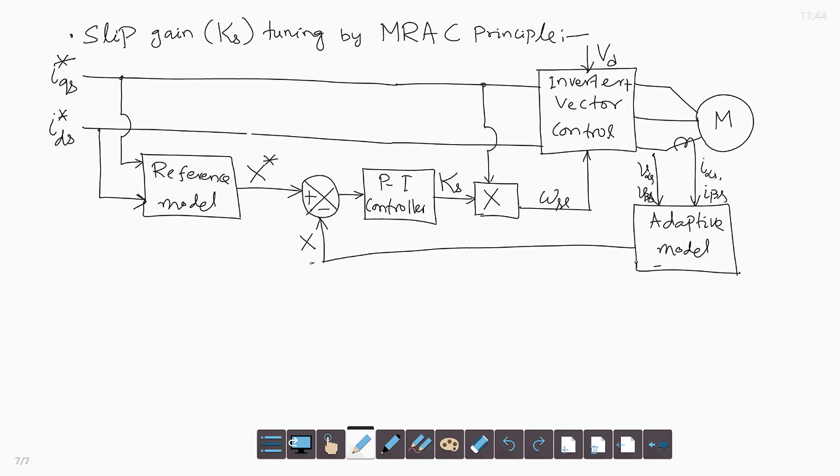The slip gain tuning occurs when x matches x star. Because of the PI controller, it ensures zero steady state error. So, ultimately x and x star will be identical.